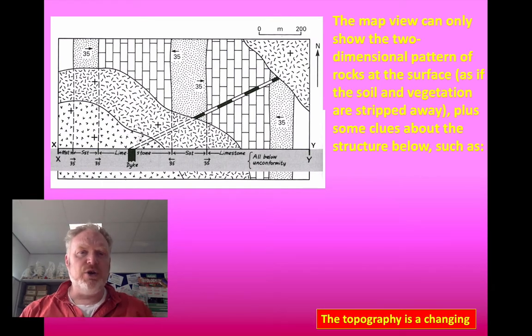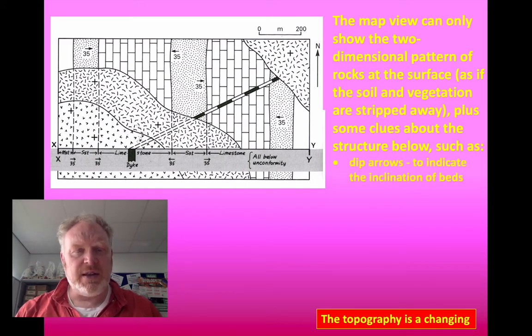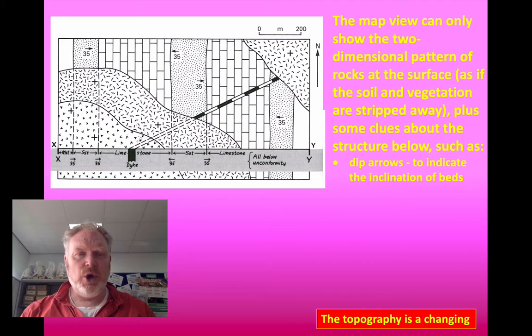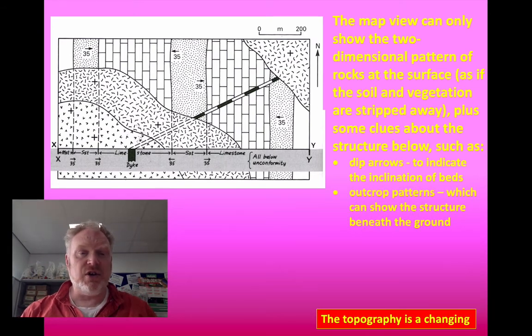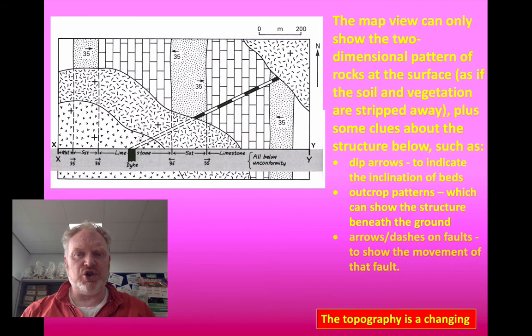We do get some clues, though, about what's going on underground. We have the dip of the beds that's shown with these arrows and the angles of inclination. We do get the pattern of outcrops, the pattern that each of these rock types makes at the surface. So, for example, to be able to interpret the andesite shown on this map as a dike. And we also get faults that are shown.